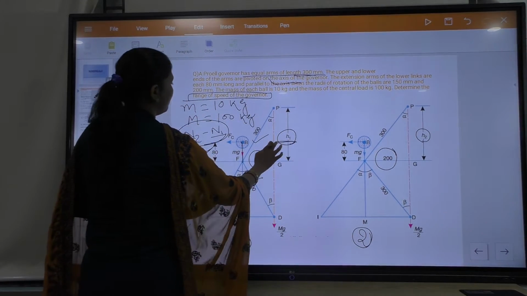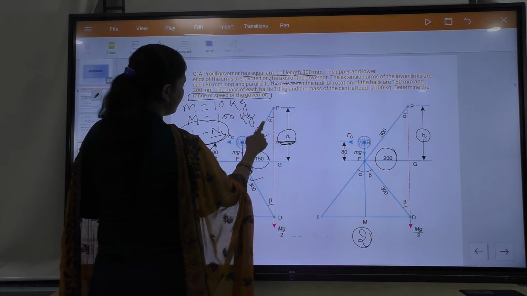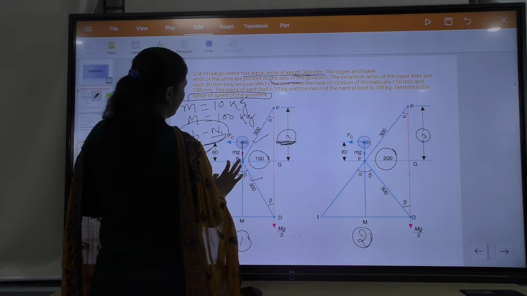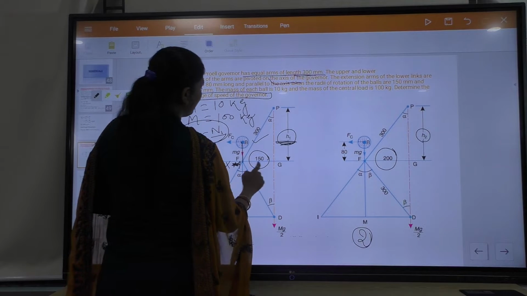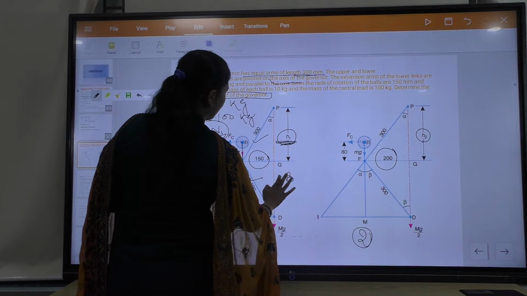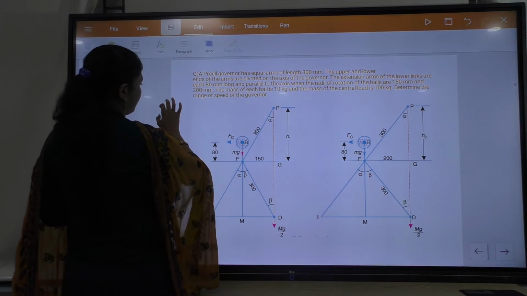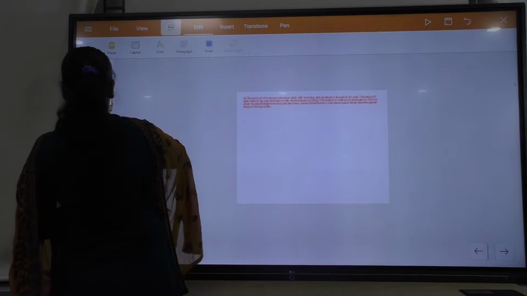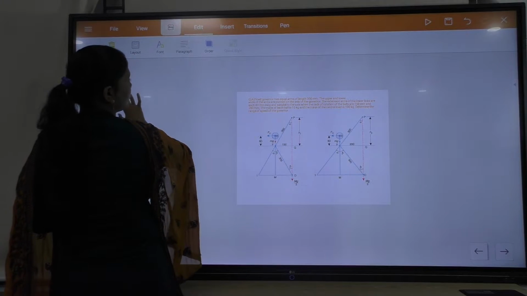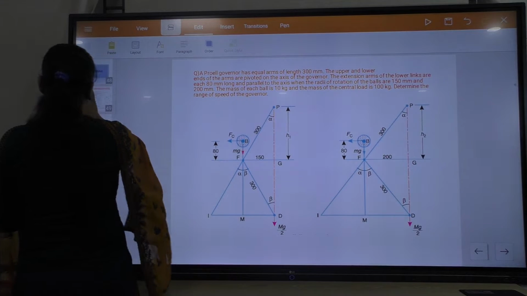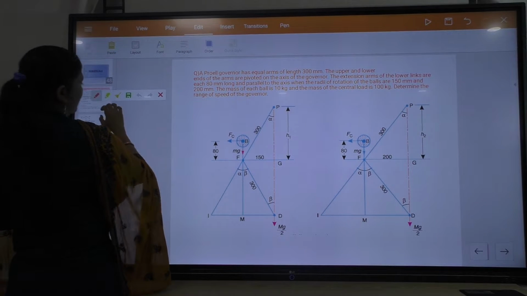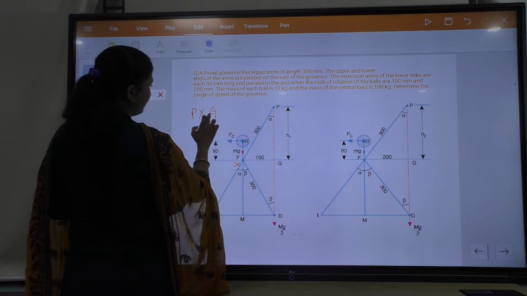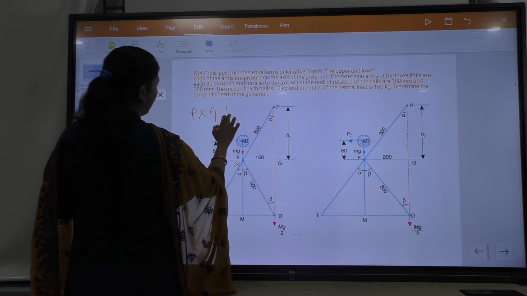So, in figure 1 we can easily find out the value of H1, because this triangle, suppose I am naming this point as X. So, the triangle PXG is a right angle triangle.